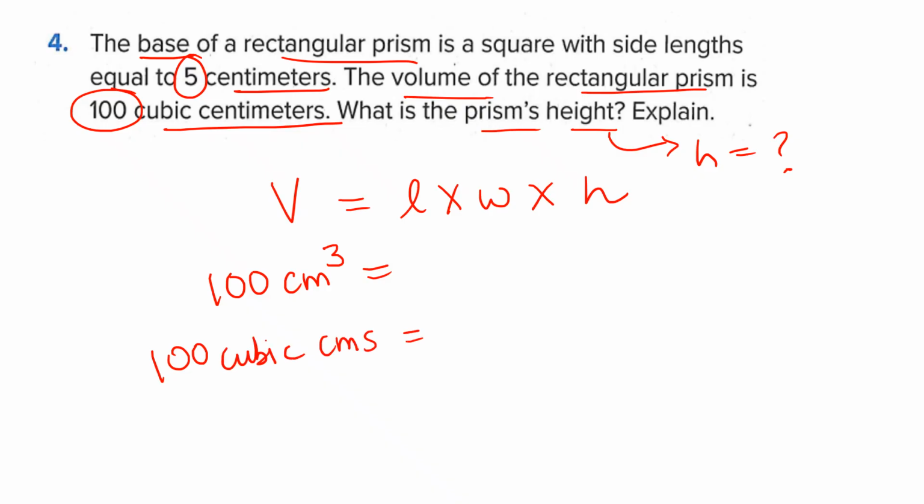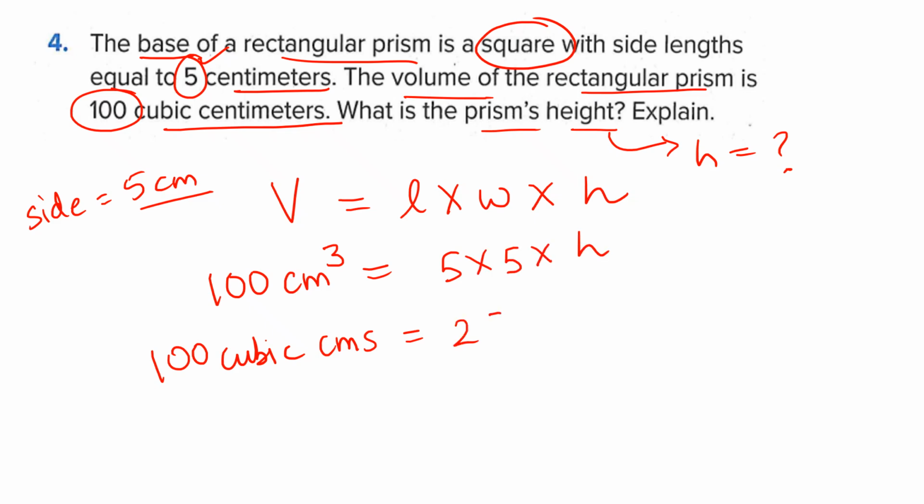That's okay. Now the base is a square, meaning length and width are both the same. How much? 5. So the side length, which is equal, is 5 centimeters. So can I put 5 multiplied with 5 multiplied with h? And I don't know h. So how much? 25h. So the equation is 100 equals 25h. Now what do we want?